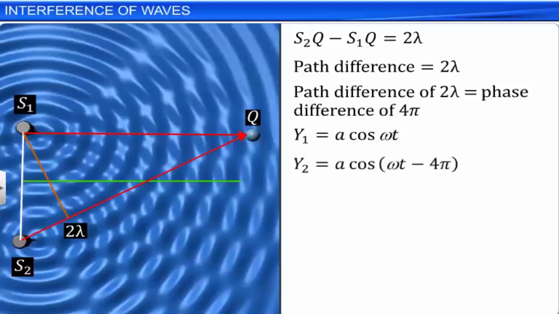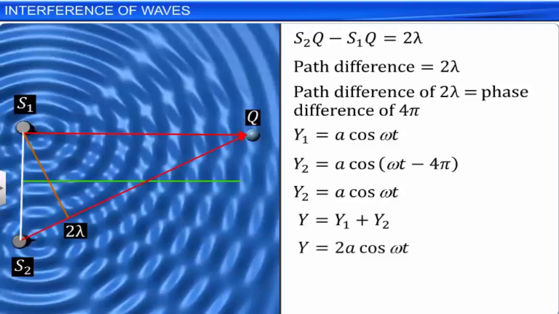But this is again equal to A cos omega t. The resultant displacement of Q, y is equal to y1 plus y2. On substituting the values of y1 and y2, we get y is equal to 2A cos omega t. And the intensity will be again equal to 4I0.